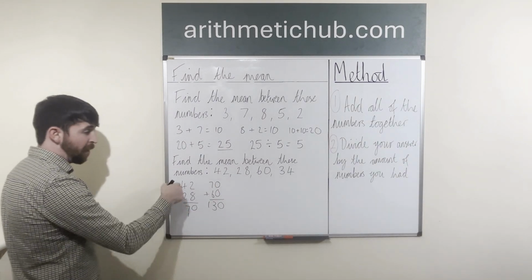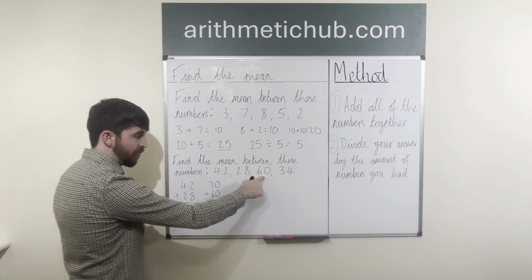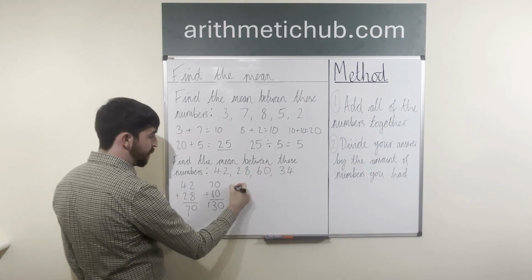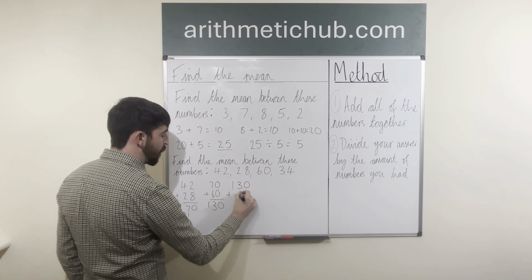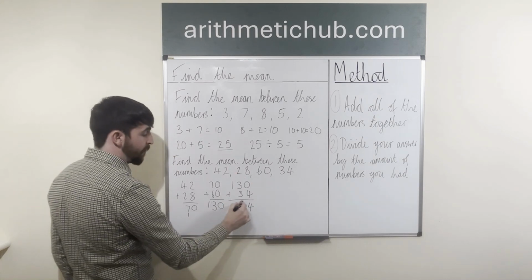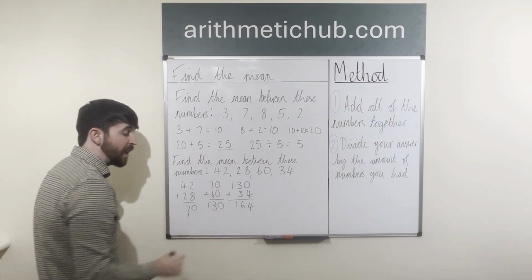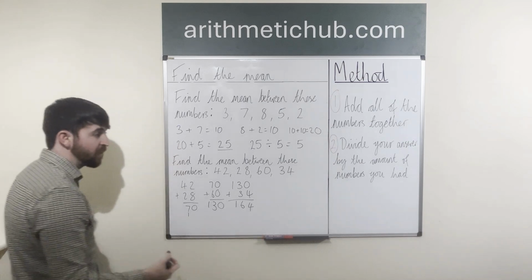So we've got 42 add 28 is 70, 70 add 60 is 130, now we're going to add our 34. So we've got 130 add 34. 0 add 4 is going to give me 4. 3 add 3 is going to give me 6. 1 add nothing is going to give me 1. So my total is 164.